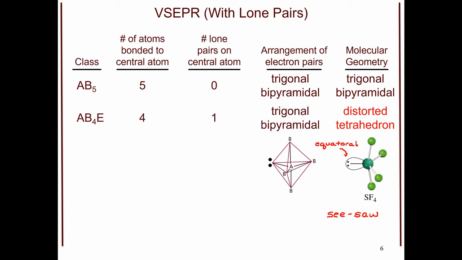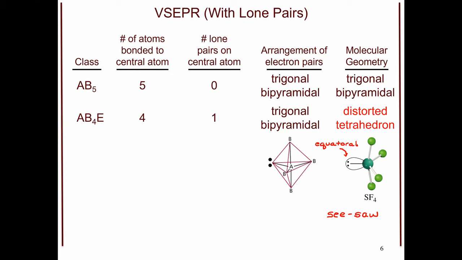This is because it is a larger volume with the 120-degree bond angle that we naturally had with the trigonal bipyramidal. And so this allows us to have an easier place to put those species. So in this case, if we have SF4, this would be the seesaw molecular geometry.